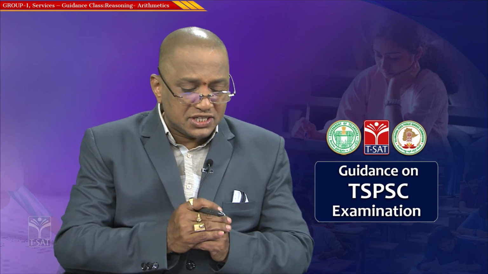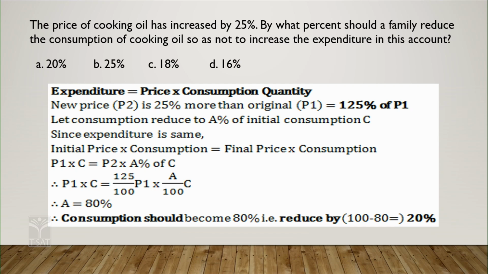So, there is a formula, as you know: expenditure is price into consumption quantity. Price into consumption quantity. Okay. P1 is the original price and P2 is the new price.